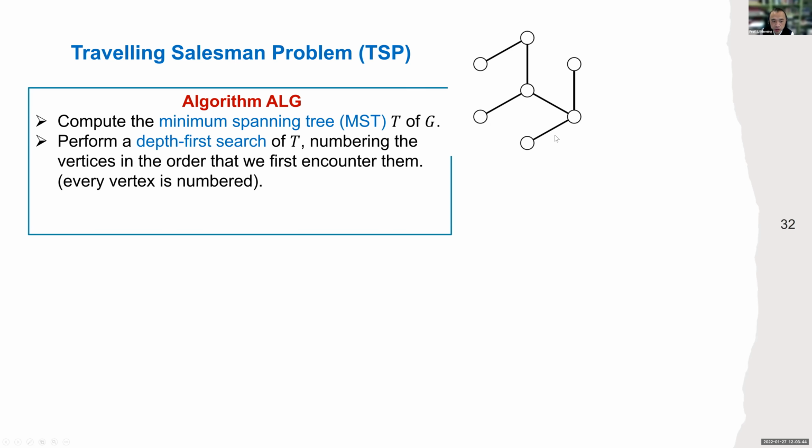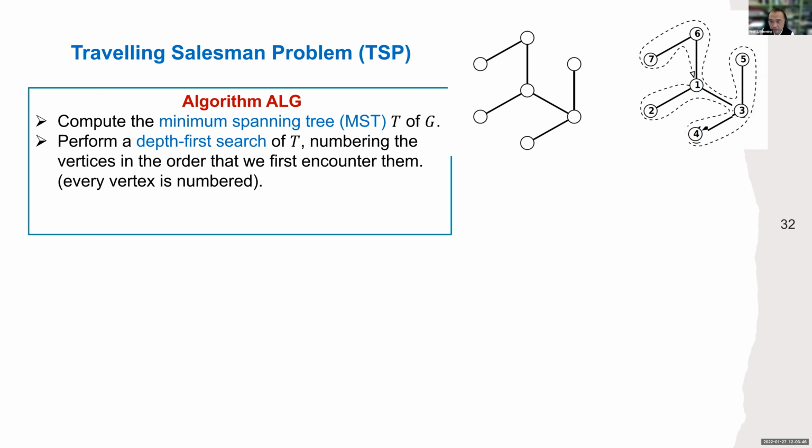And then what you can do is number them according to my visit. For example, I start from 1, and then I go to 2, and then back, and then to 3, to 4, and then like this, right? So I just do a so-called depth first search of the nodes. And then at some time, you will come back to the earlier nodes. If you can go as deep as you can, then you can still go on.